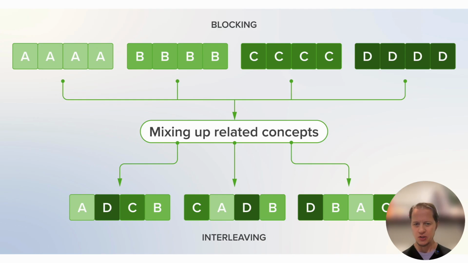So here's a picture of the concept of interleaving. So for example, on the top right here, if you go through one day of a study block and all you do is study concept A, and then day 2 you switch to concept B, and then day 3 concept C, of course you get the point.